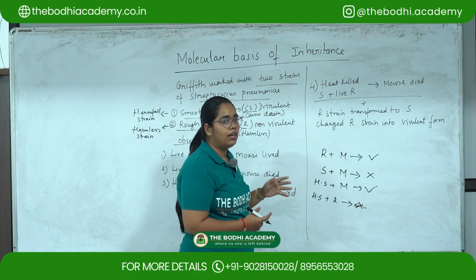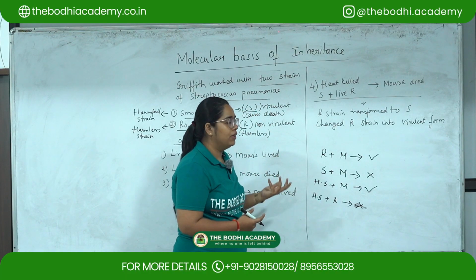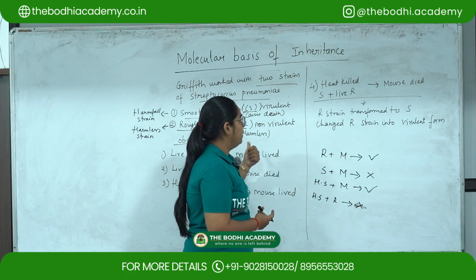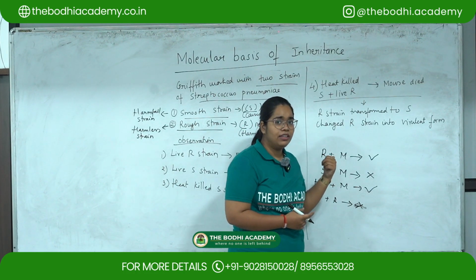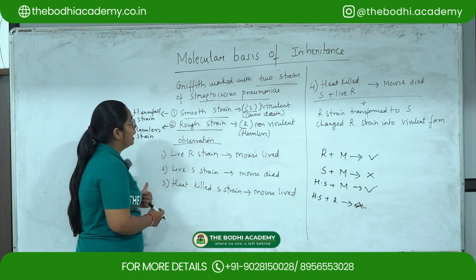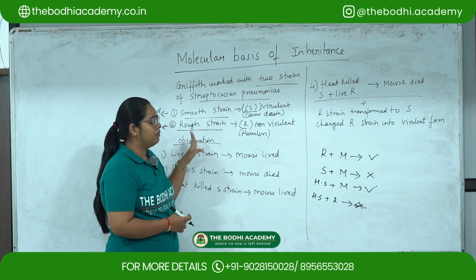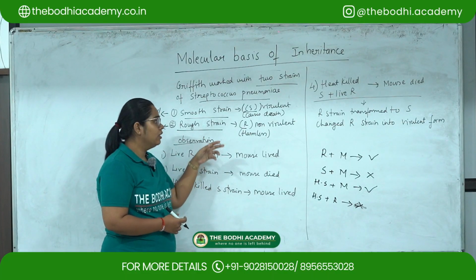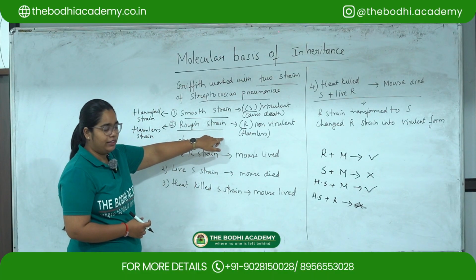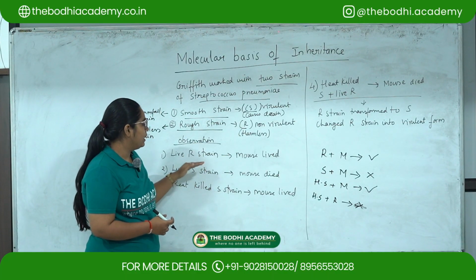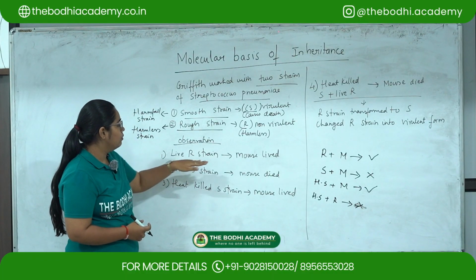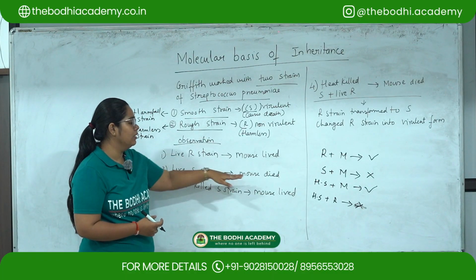So this was the transformation principle which Griffith explained using his experiment, that is using two strains of Streptococcus pneumoniae bacteria, the S strain and the R strain, wherein when injected in mice, the R strain one lived and the S strain one died.